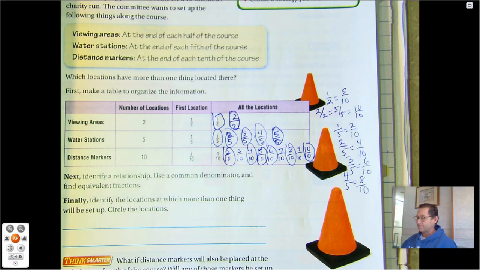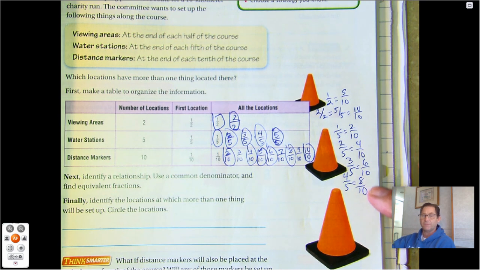So identify a relationship. Use a common denominator and find equivalent fractions. All right. So that's what we were doing here, where we found equivalent fractions. Identify the locations at which more than one thing will be set up. Circle the locations. Okay, so we did that.